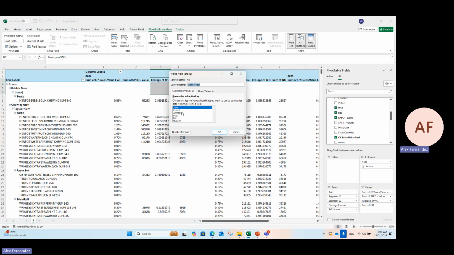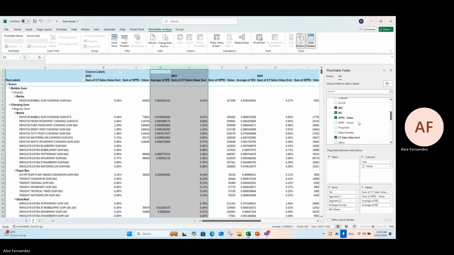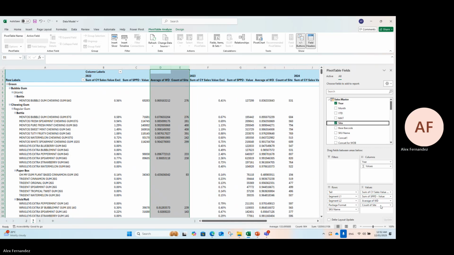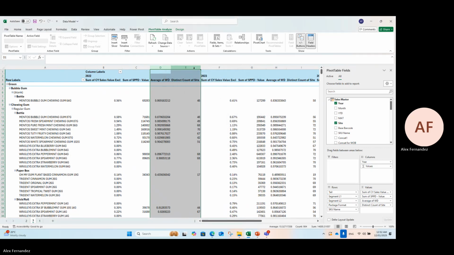I'd like to put the site rather than the ND. And since here we don't have the quantity value for the sales master, but usually we put also the volume here.